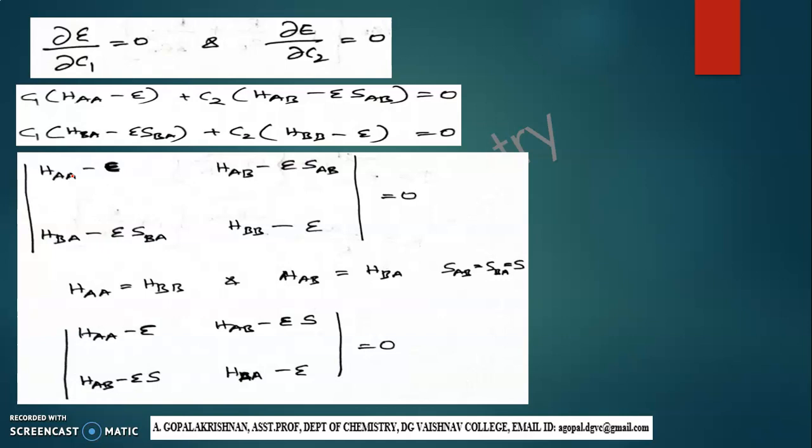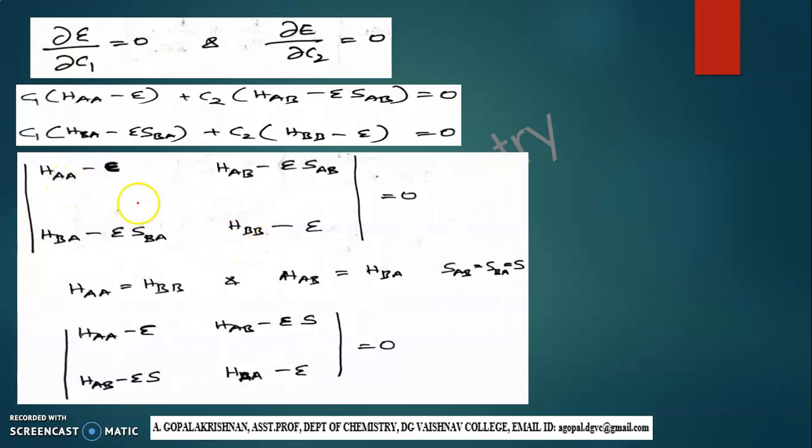If the electron completely occupies the 1s orbital of nucleus A, then the energy obtained is HAA. And what is HBB? When the electron is forced to occupy the 1s orbital of nucleus B, then you will get the energy as HBB.